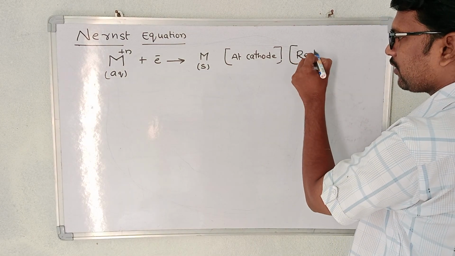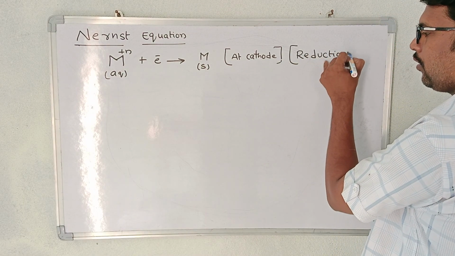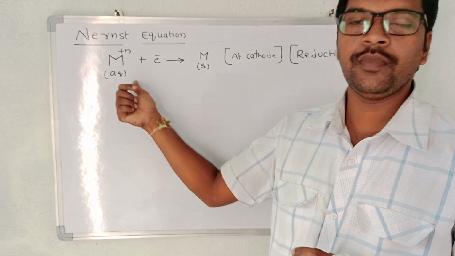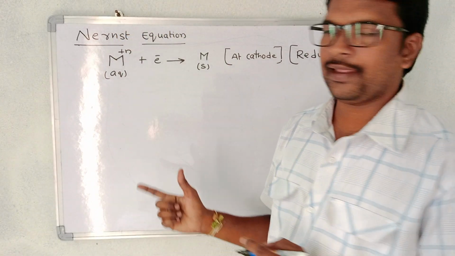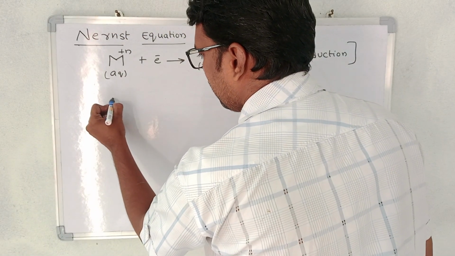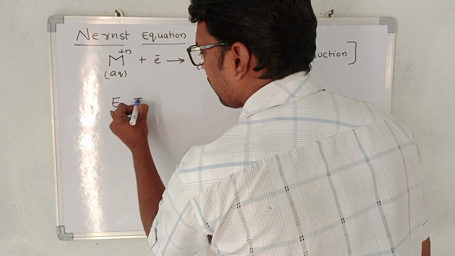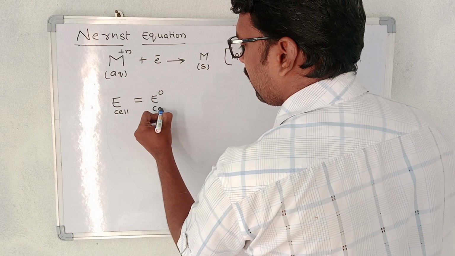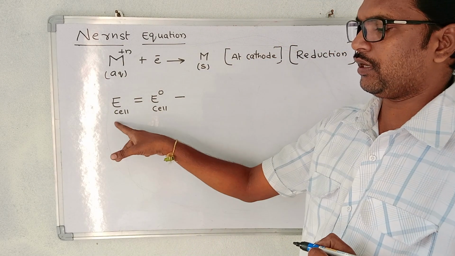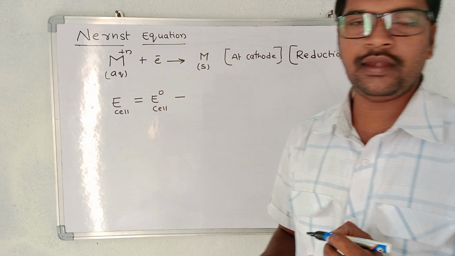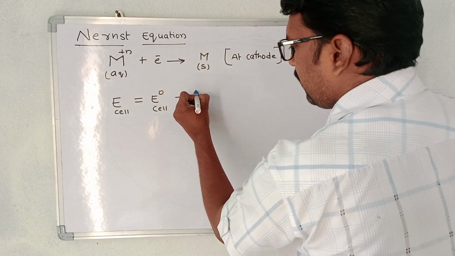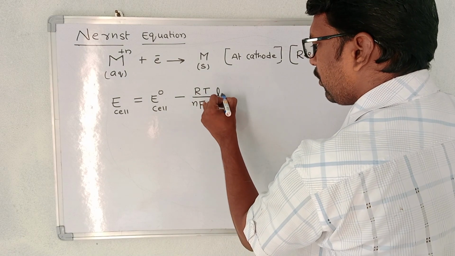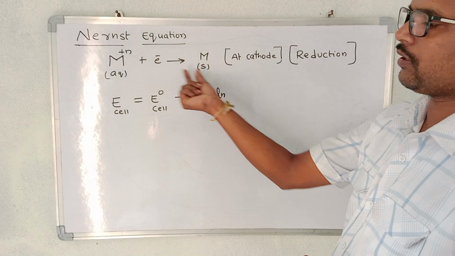For this reduction reaction, we can write a relationship between electrode potential and concentration of electrolytic solution. For this reaction, the Nernst equation is: E cell, where E cell indicates electrode potential, is equal to E naught cell, where E naught cell indicates standard electrode potential, minus RT by nF ln of product by reactant.